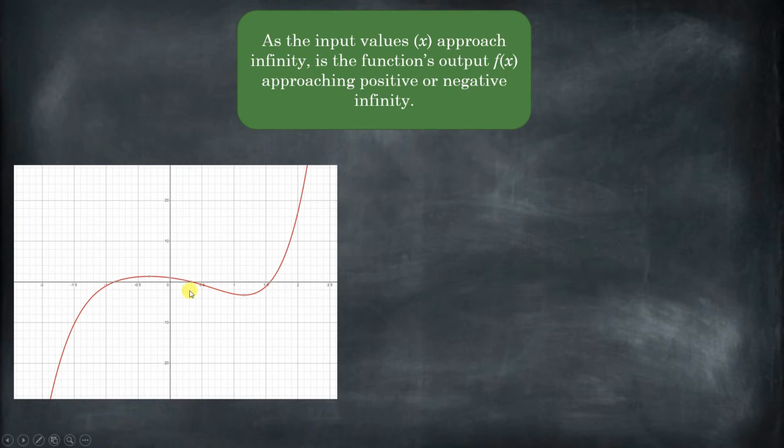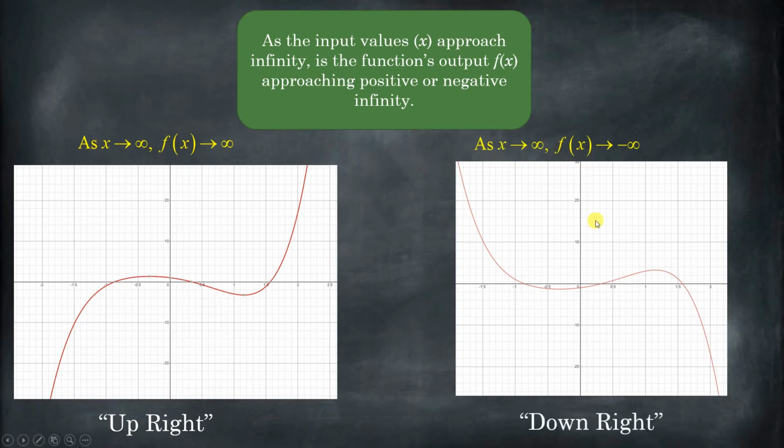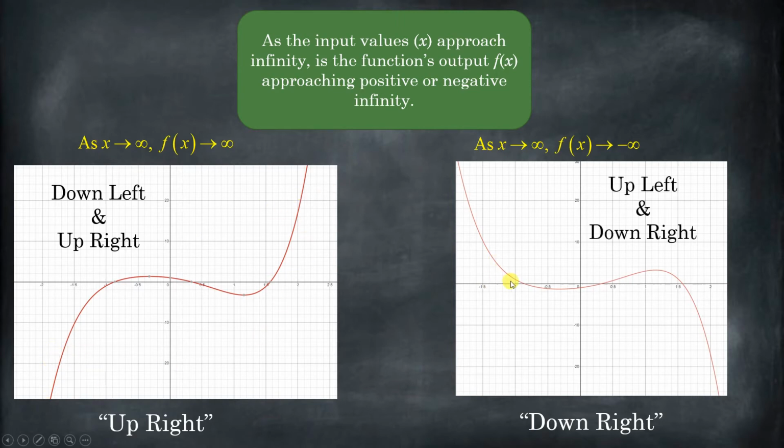Going to the right, as x grows, if y grows, that's going to be called going up to the right. Whereas if we're going to the right and the graph is going down, we're going to call that down to the right. So this graph right here, we would say this is down left, because on the left it's going down, and up right. Whereas this one is up on the left and down on the right.